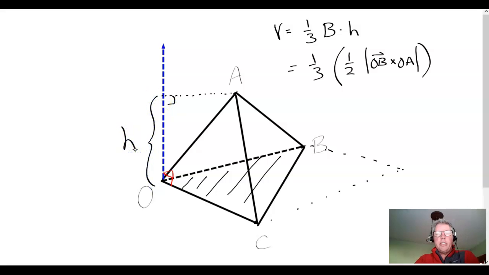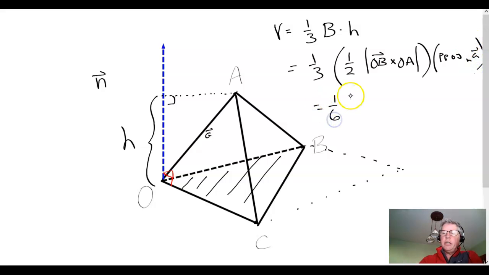And maybe you can see it clear as day now why I went over the projection of a vector like this one onto a vector like this one to get the height. So this would be the projection of A onto N, and we get 1/6 times OB cross OA.